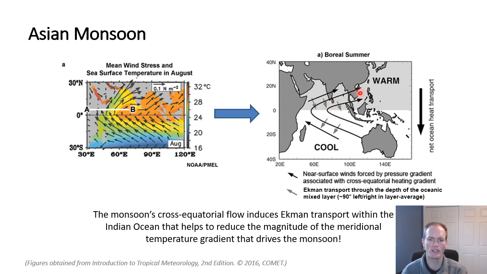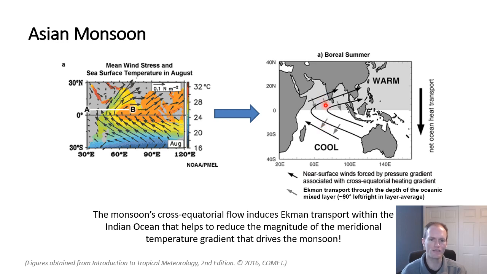So if we come to the rightmost panel here, where we've recreated that monsoon flow and that associated wind stress on the upper ocean, we know from our earlier discussions about oceanic transport that we have Ekman transport, 90 degrees to the right in the upper ocean of the flow in the northern hemisphere, and 90 degrees to the left of the flow in the upper ocean in the southern hemisphere. In both cases, these gray arrows here are directed from north to south.